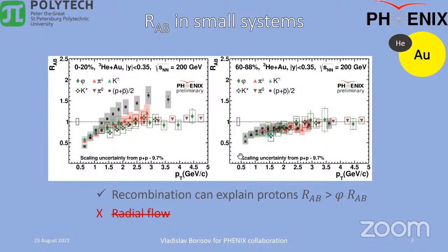The fact that proton RAB is larger than heavier phi meson RAB is more suited for a recombination model, because recombination gives a higher pT kick to baryons than to mesons and doesn't depend on hadron mass as radial flow does.